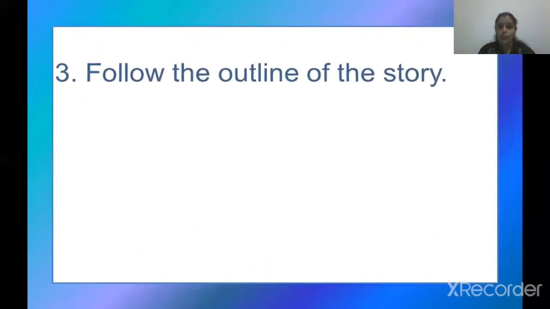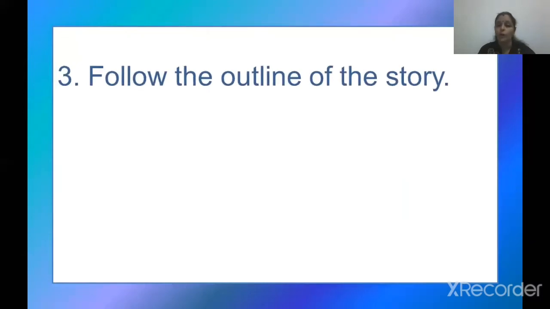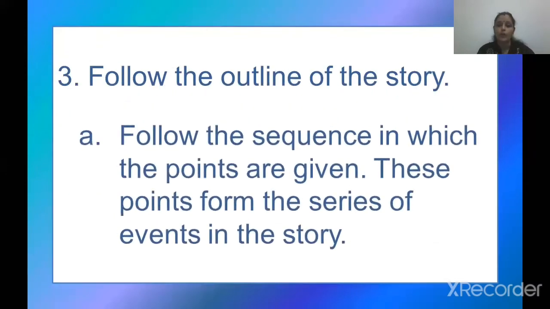The next would be follow the outline of the story. That means whatever sequence is mentioned in the story, you're going to follow the same sequence. You're not going to change the sequence of the points given in the outline. In whichever sequence the points are mentioned, you're going to develop sentences in the same sequence.